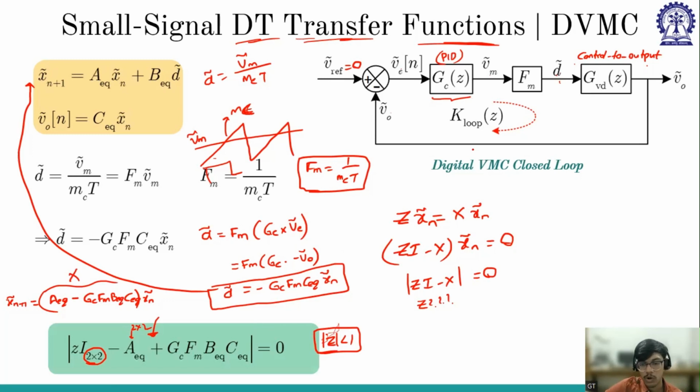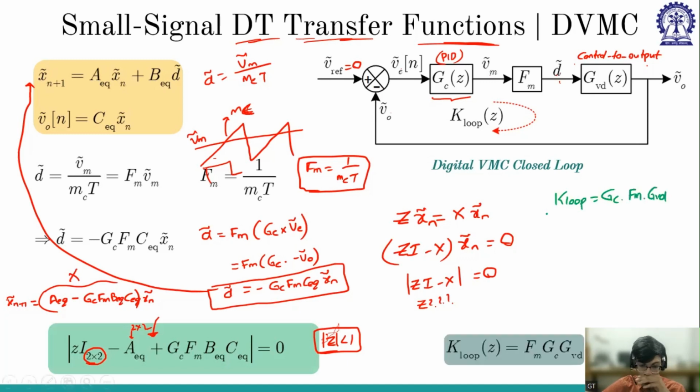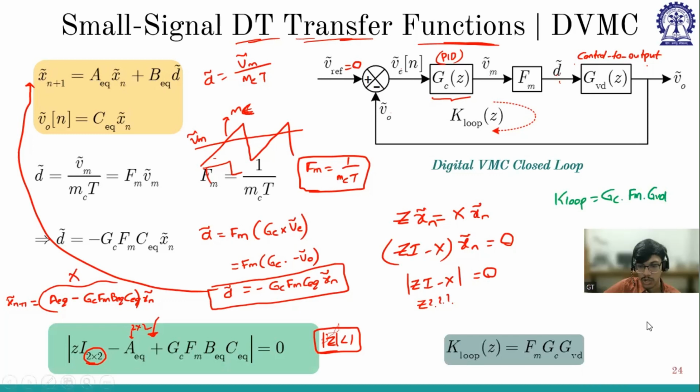Now, what is my K loop? K loop is GC of Z into FM into GVD of Z. So this is my K loop of Z. If you want to draw the Bode plot, you will draw the Bode plot in the Z domain in such a way that it will have the necessary phase margin as well as bandwidth, and accordingly you will decide the controller.